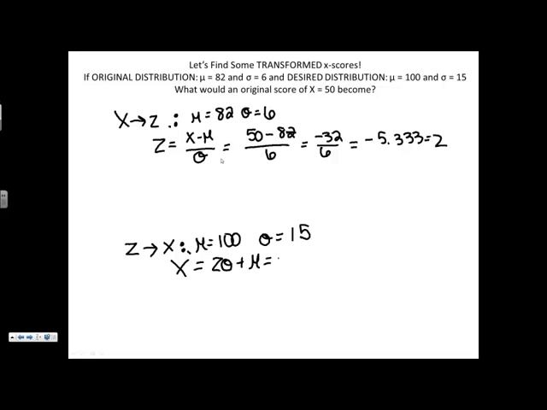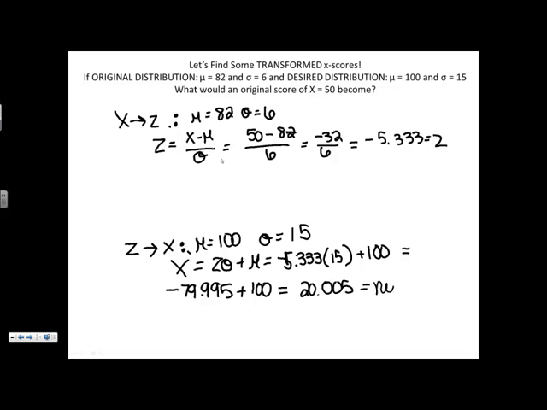Well, we just found z. It's negative 5.333. Multiply that by our desired standard deviation of 15, and then plus 100. So that becomes negative 79.995 plus 100, which is 20.005.